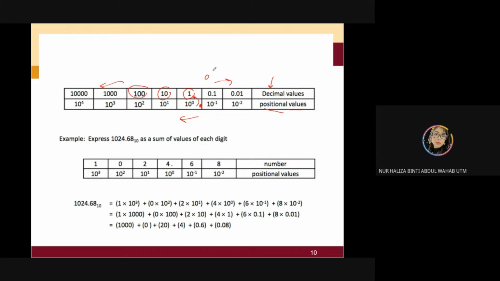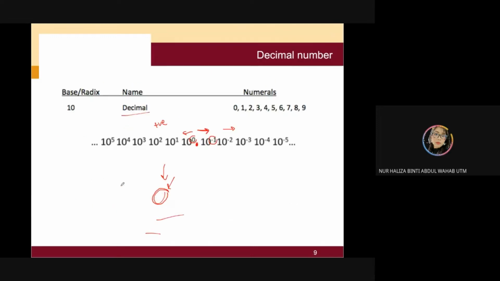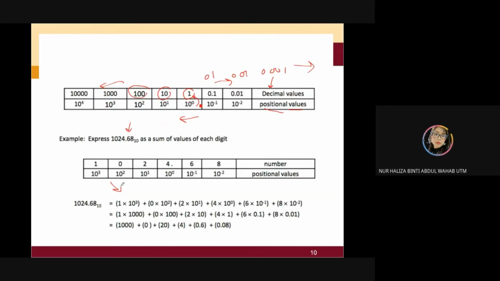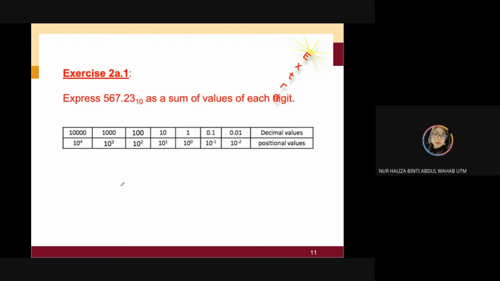Here is 0.1, 0.01, 0.001 until the rest. So here there is another example. If you have this kind of value, you can try this example. It's really easy as long as you understand the first example that I showed.